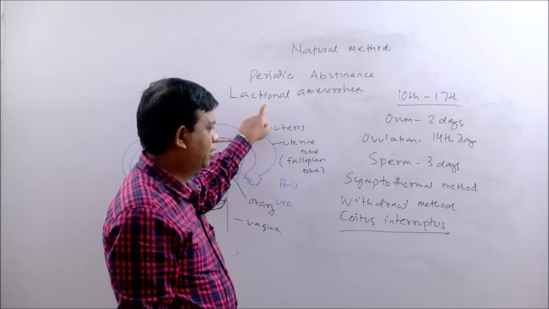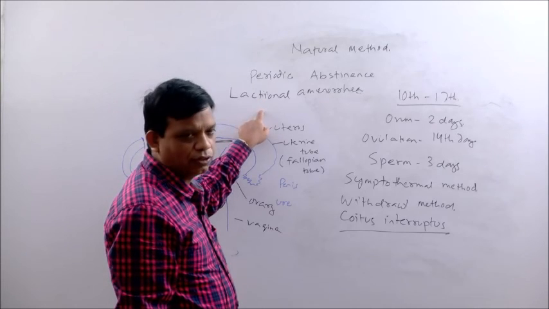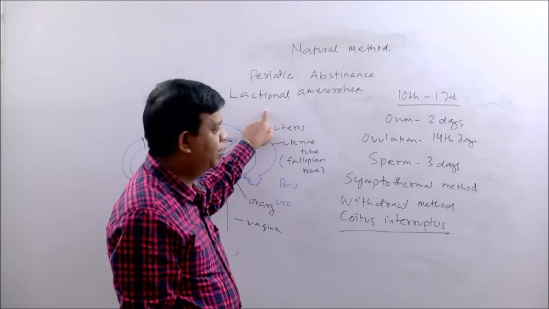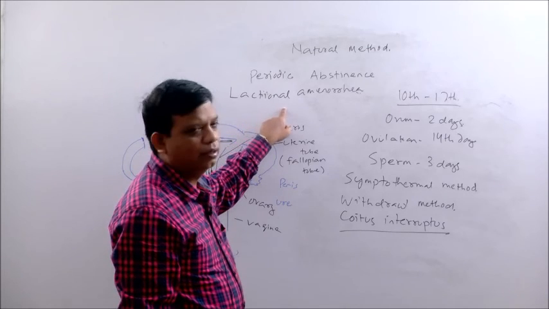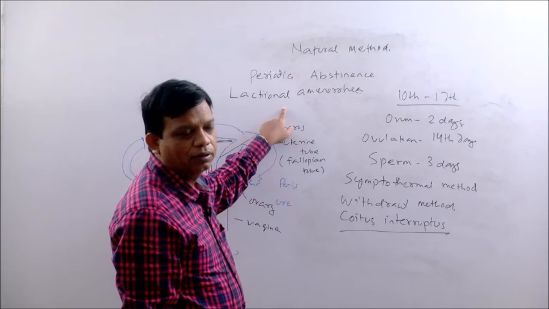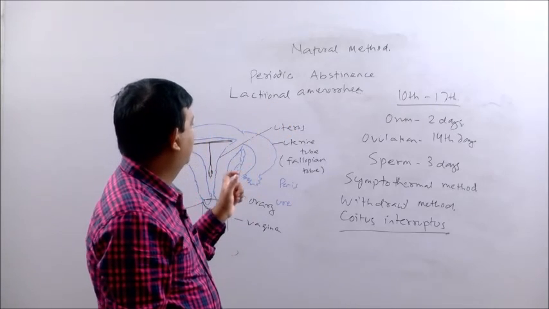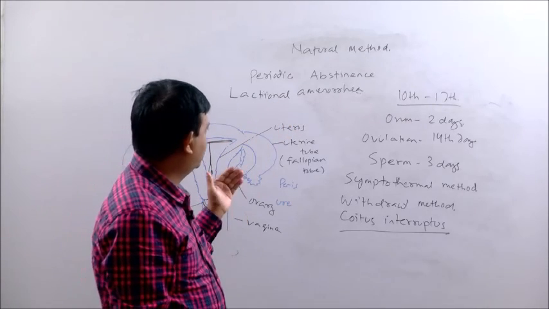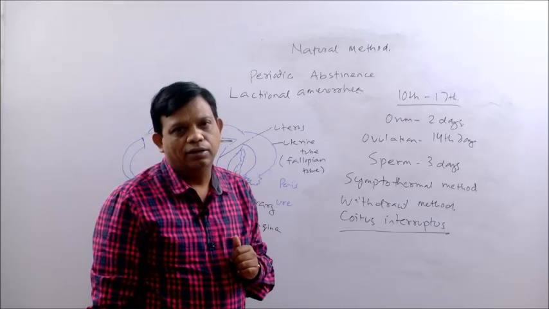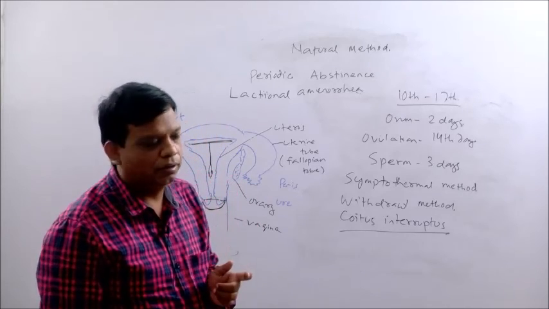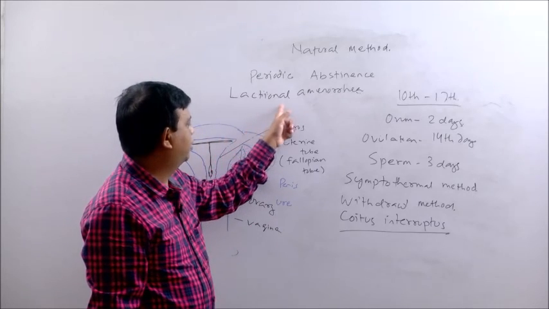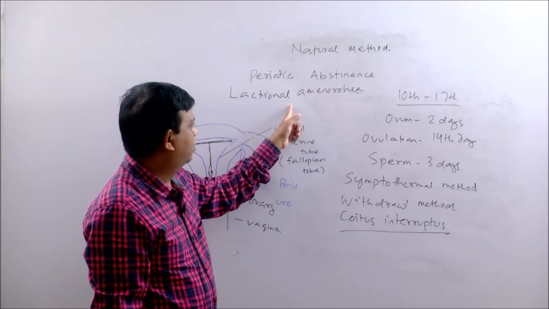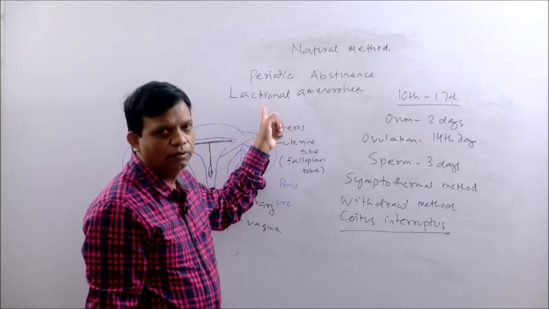During intense lactation, when the baby is sucking milk from the breast of the mother, there will be no ovulation. So during this period of 5 to 6 months just after the birth of the baby, during which there is no ovulation, if there is coitus, there will be no conception.